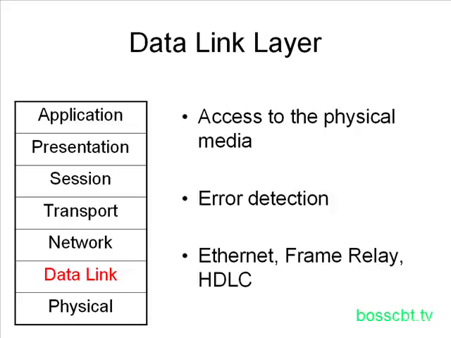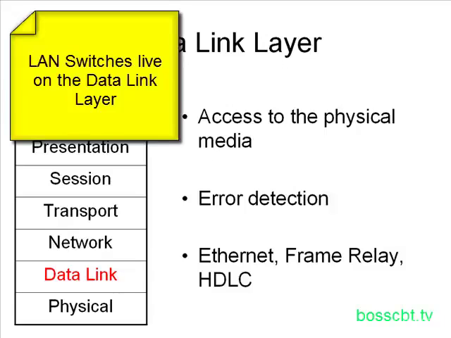Some of the protocols that we find at the data link layer are Ethernet, very common on local area networks. And then we find other data link layer protocols like frame relay and HDLC, and we find those in wide area networks. Okay, so when you think about the data link layer, think about getting the information ready to access and be put on the physical media.